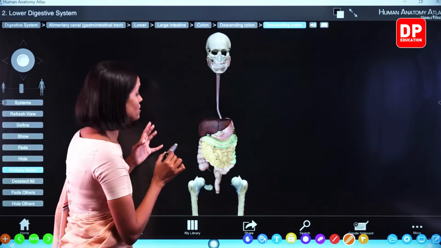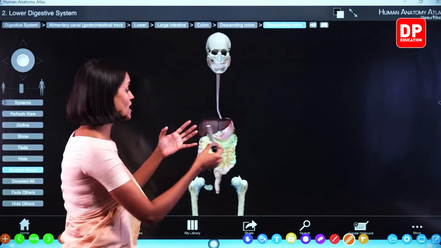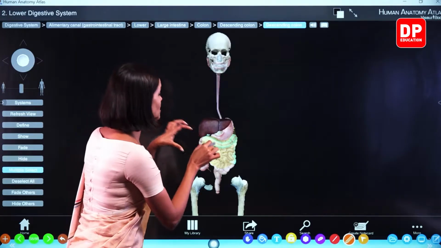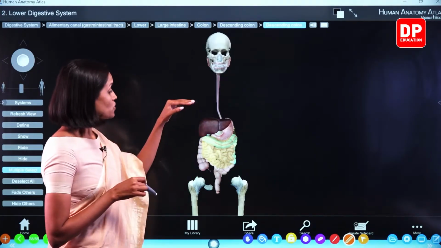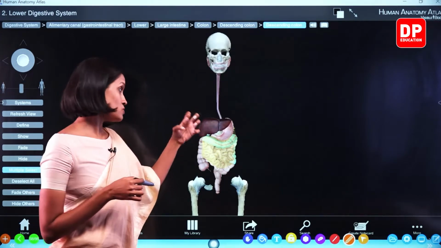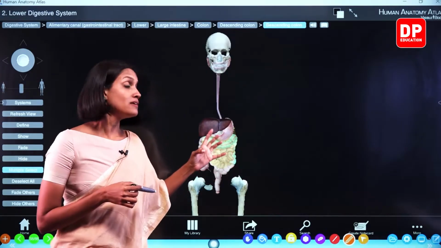But the liver and the pancreas are also very important in order to produce digestive juice, and the digestive enzymes are added to the digestive tract, and the food gets mixed with the digestive enzymes at different places, and then the food gets digested, right?